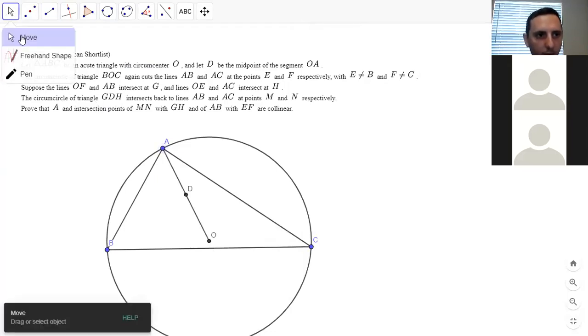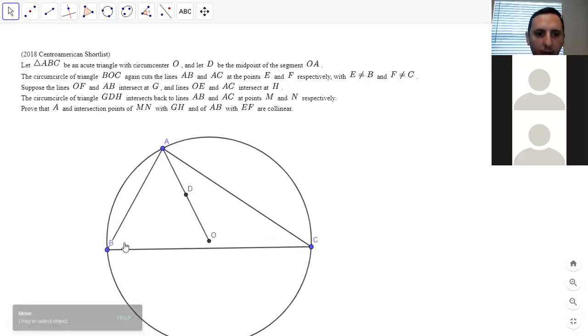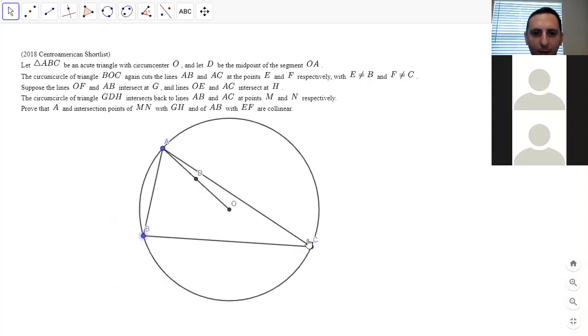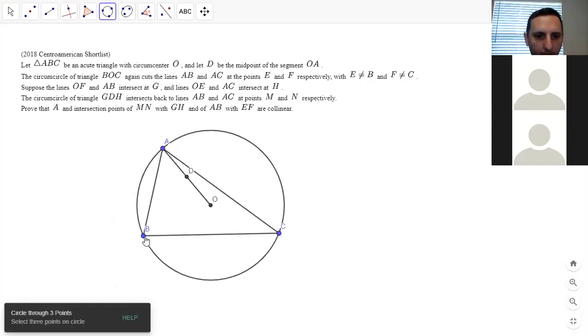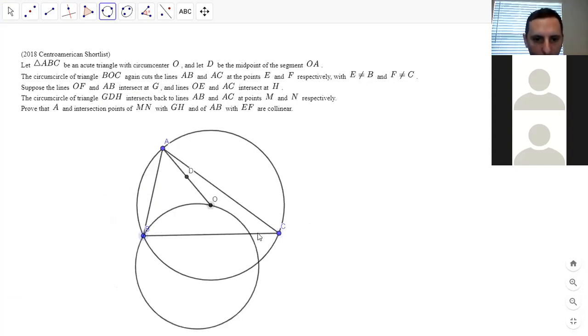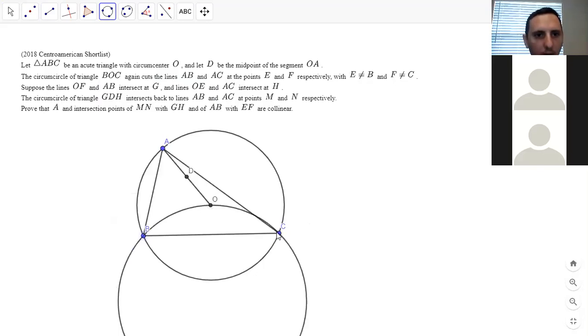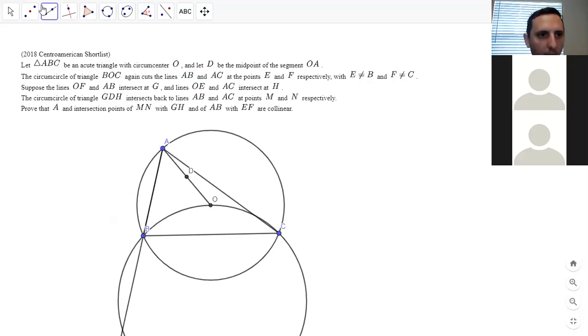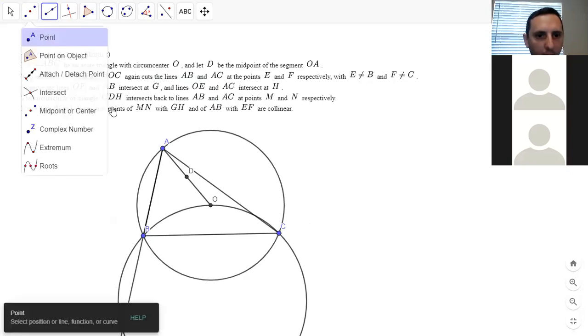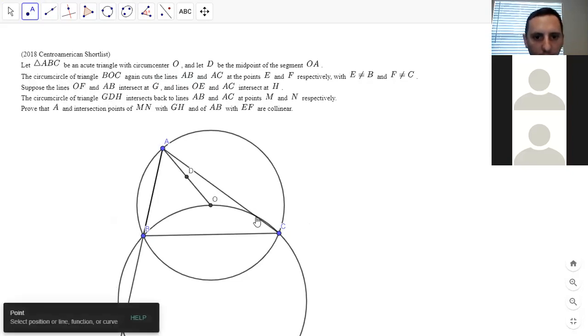So there's a lot of these problems with the circumcircle of BOC, right? They're often like some median or Humpty or Dumpty point things. But we draw the circumcircle of BOC, and it intersects AB and AC again. So we'll draw this ray. AB and AC at E and F.